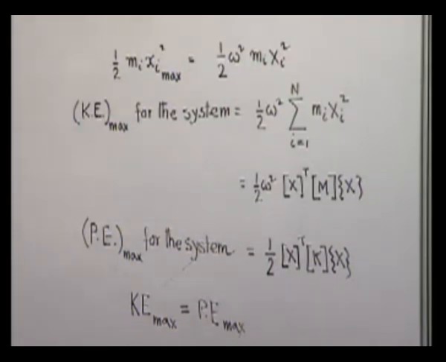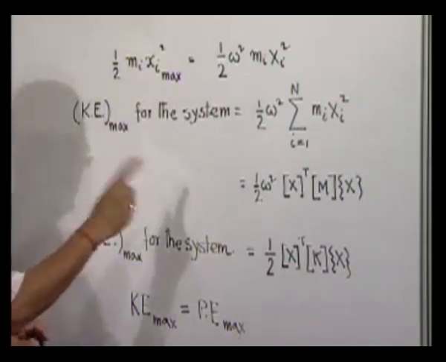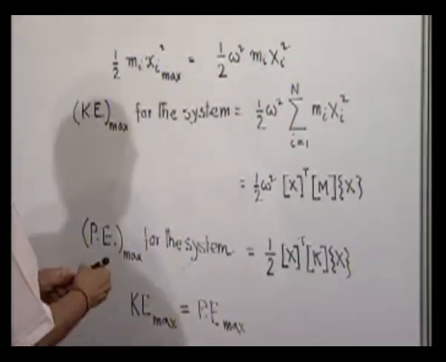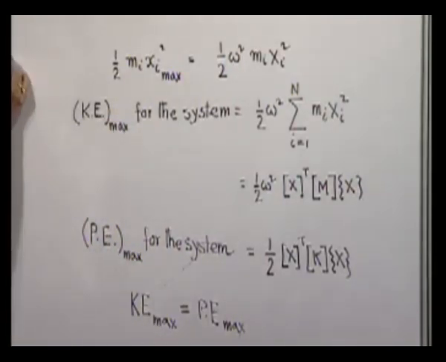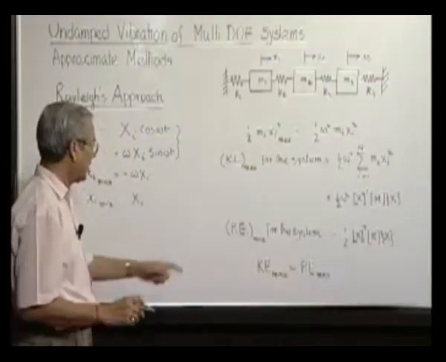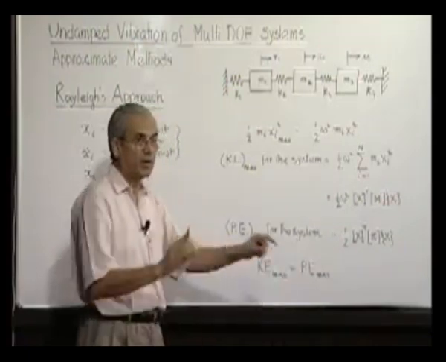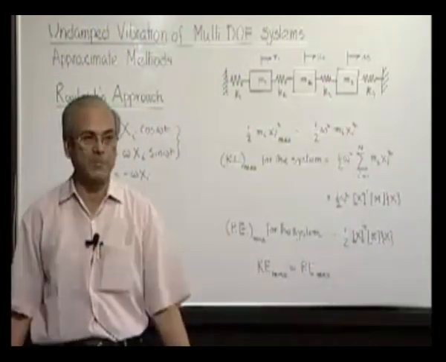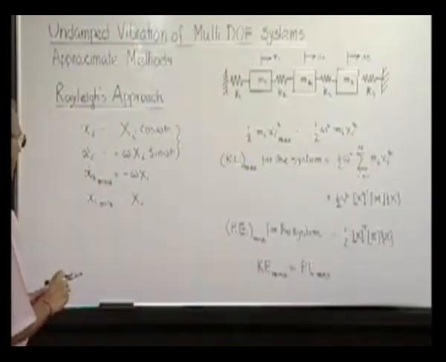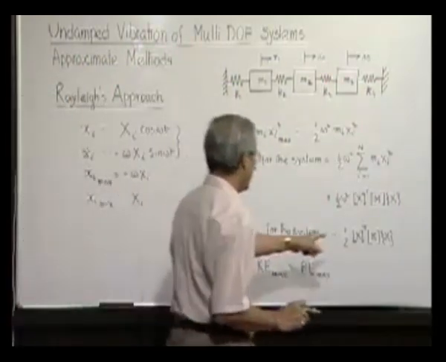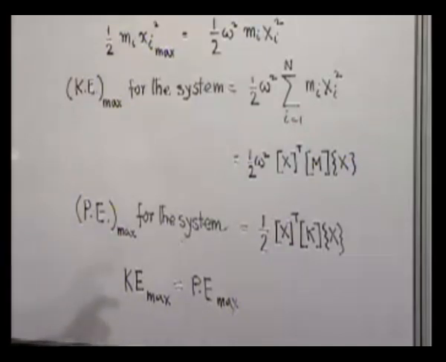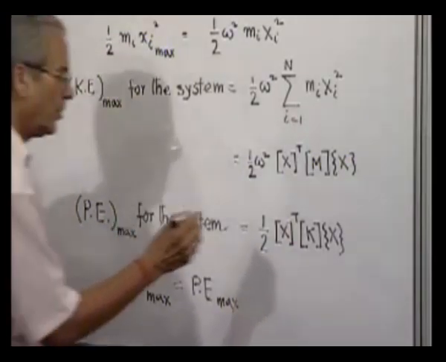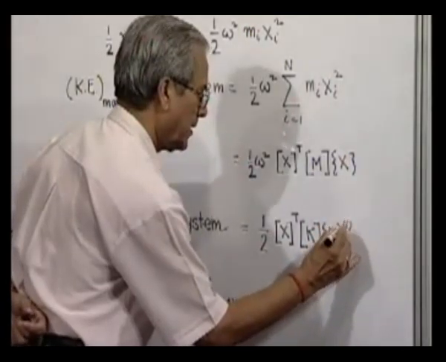Now remember, all these things we are doing are valid during a case of normal mode oscillation. Then only will they all attain 0 velocity at the same instant, and maximum velocity at the same instant. Though we are not showing any i here as the particular mode, this is valid only for natural mode oscillation. So therefore, if it is a natural mode, we can show it like this, for the jth mode.